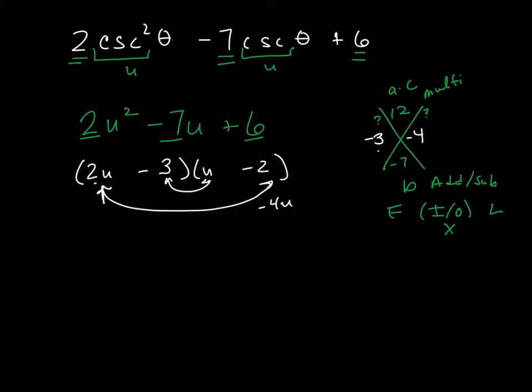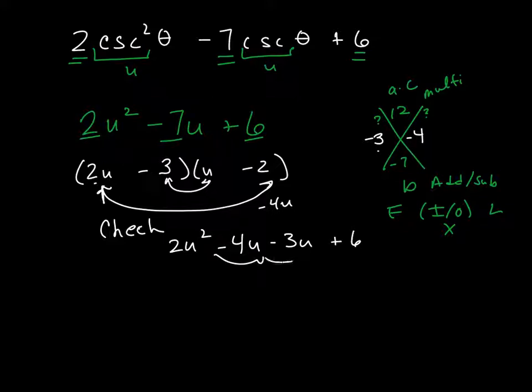Now if I want to FOIL this out to check it, what would you get for the check? It would be 2u squared minus 4u minus 3u plus 6. Again, this inside-outside term always comes from the coefficients of what I had for that factor x.